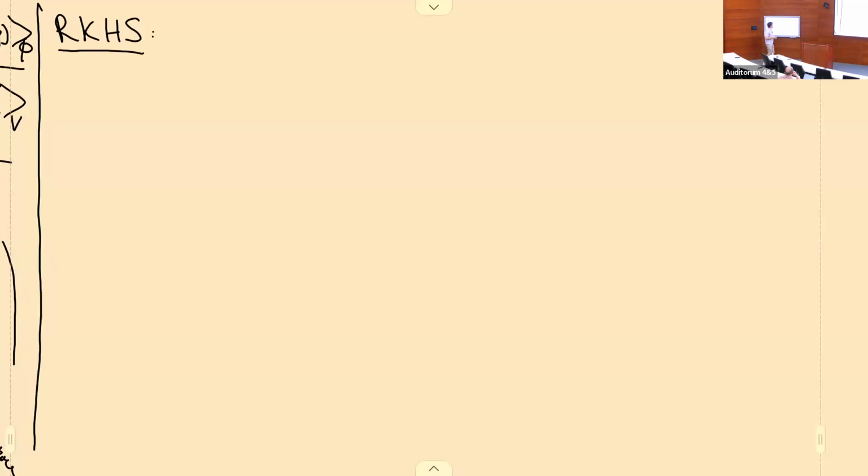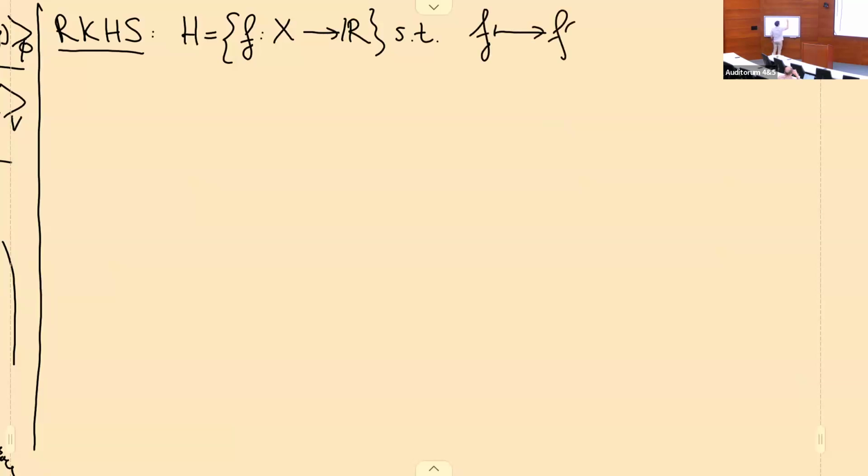A reproducing kernel Hilbert space is simply a Hilbert space H of functions, so functions from a set X into R, such that the evaluation functionals, the functionals that to f associate the evaluation of f at x, are continuous in this space.